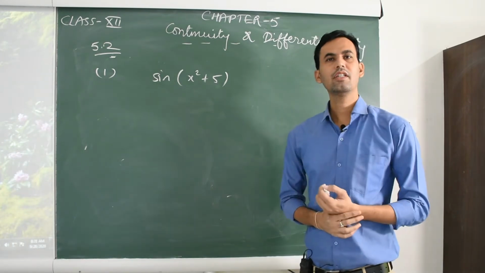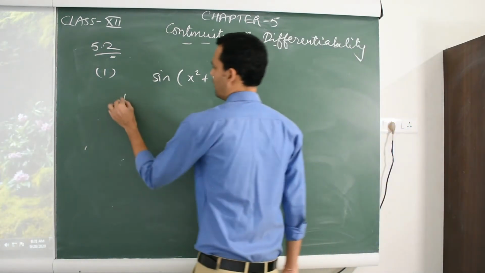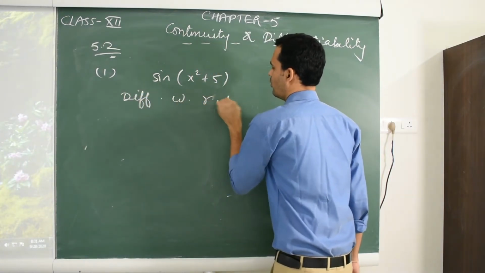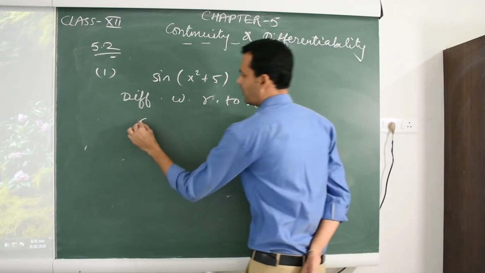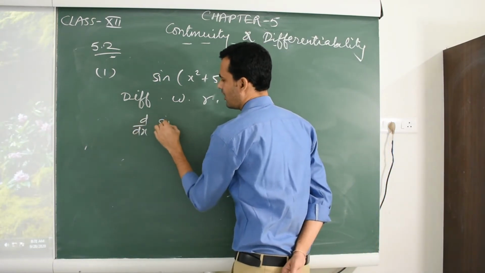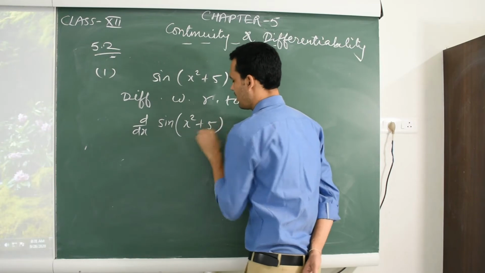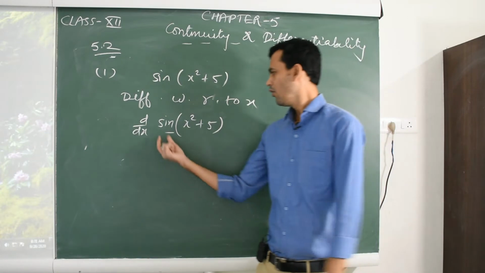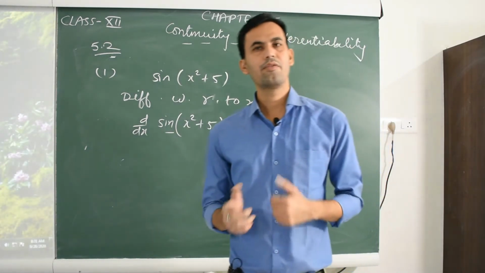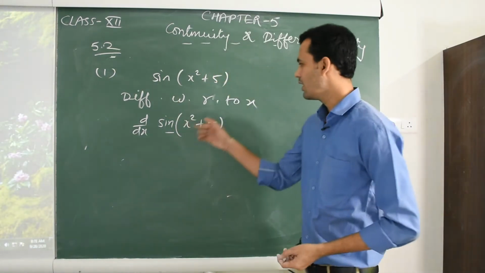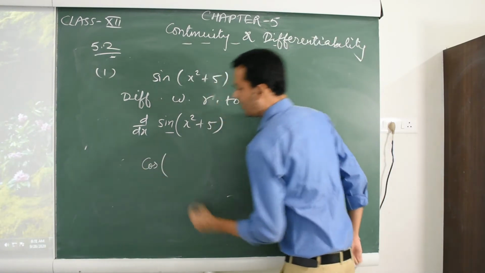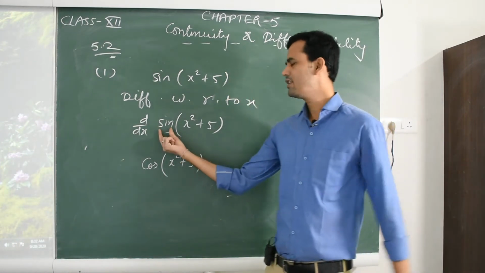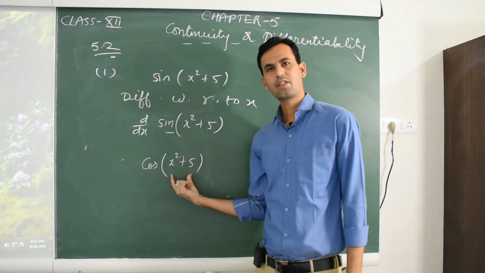So we write d by dx of sin(x square plus 5). First we differentiate this sin. The differentiation of sin x is cos x, so we write cos, and here the value of x is x square plus 5. So the differentiation of this sin is cos(x square plus 5).